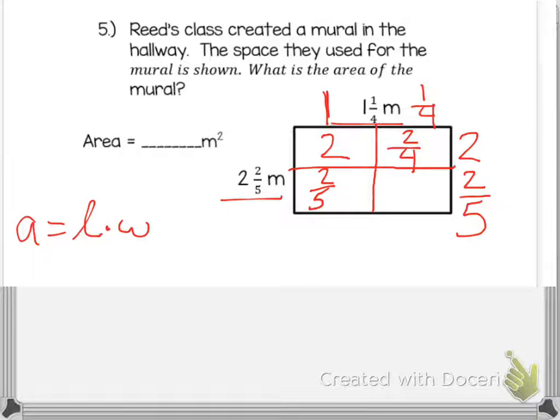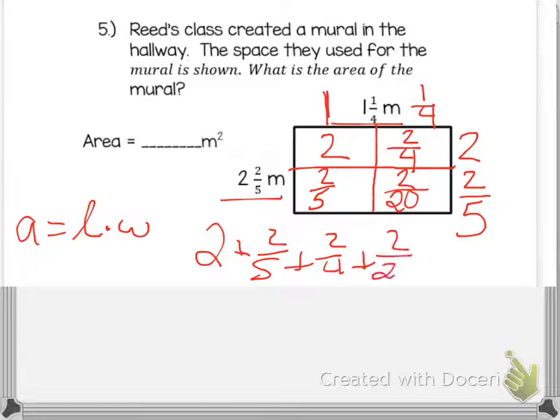And then we have 1/4 times 2/5, or 1 times 2 is 2, 5 times 4 is 20. So then we'll have to turn it into some improper fractions. So we have 2 plus 2/5 plus 2/4 plus 2/20.